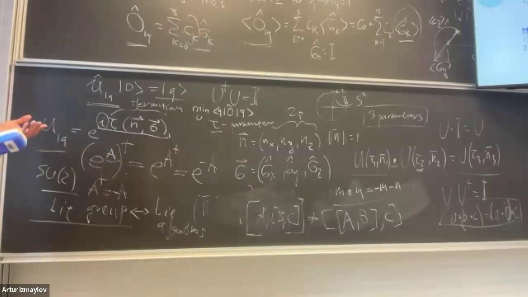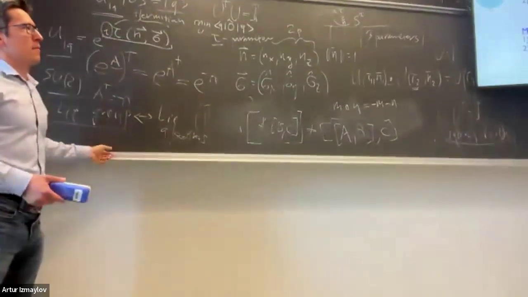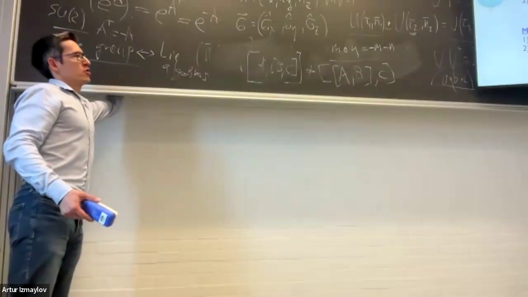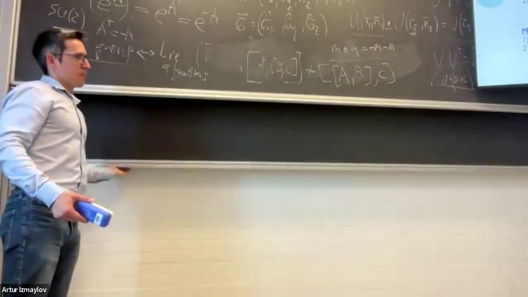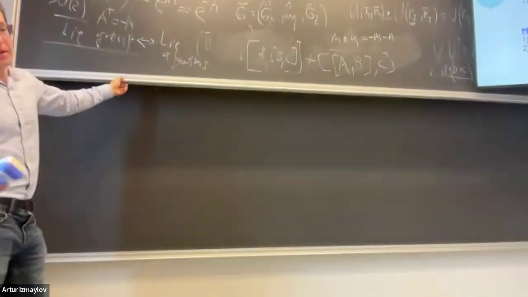It's somewhat similar to things that you have already seen in physics, like, let's say, the operator of translation, where the generator of translation is the momentum operator, right? Or rotation, angular momentum, right?